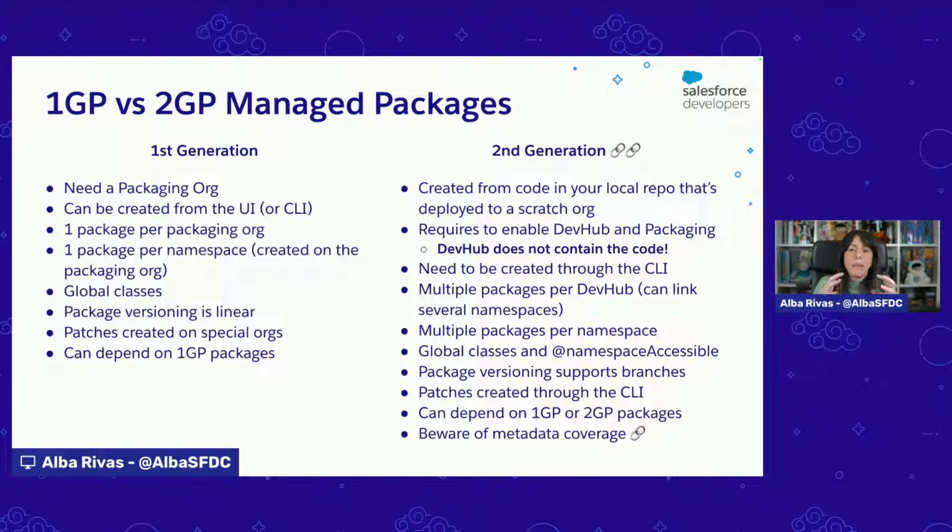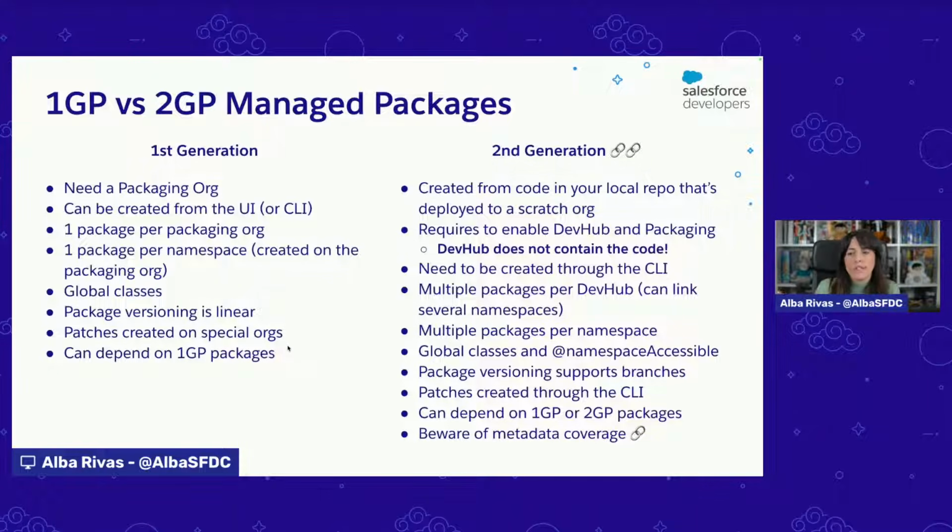And the only way that you have to expose methods through a global API, so in the subscriber org those methods can be called from other Apex code, right, is using global classes, is annotating your classes as global.